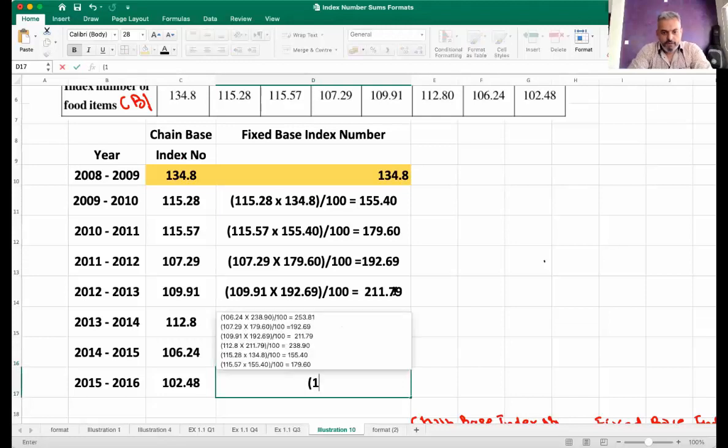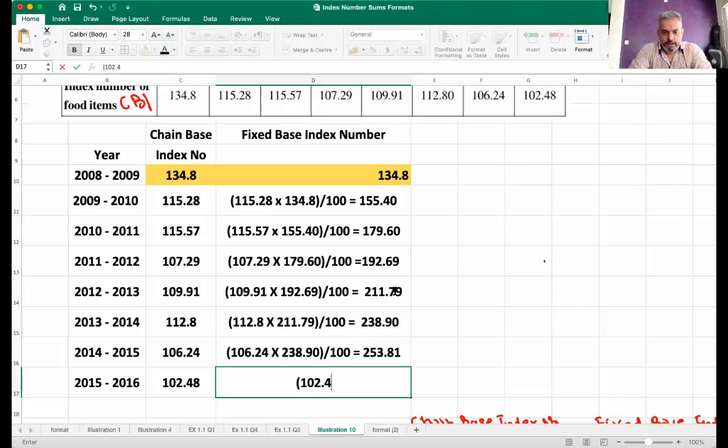Then 102.48 into 253.81 divided by 100, which is equal to 260.10448.